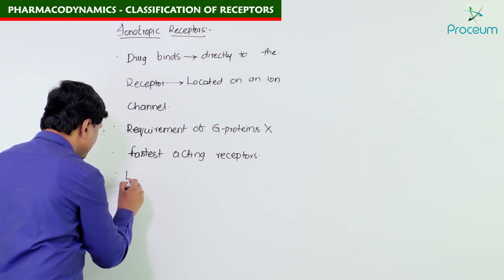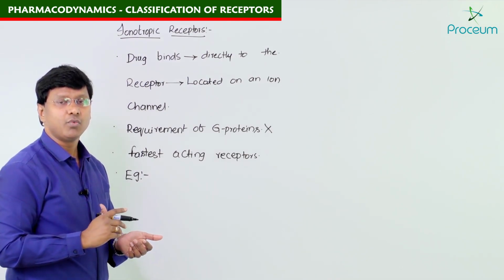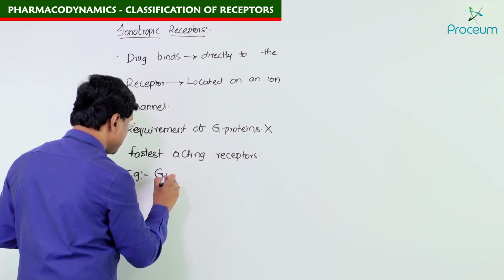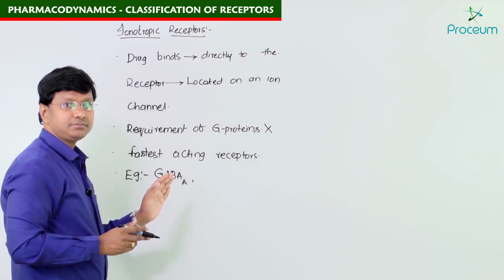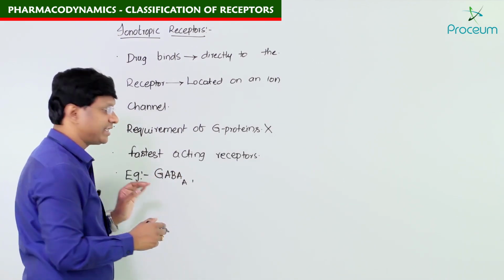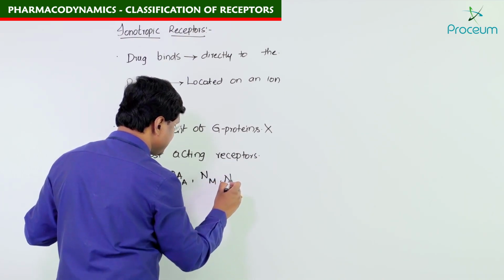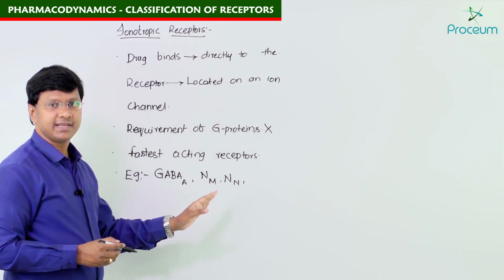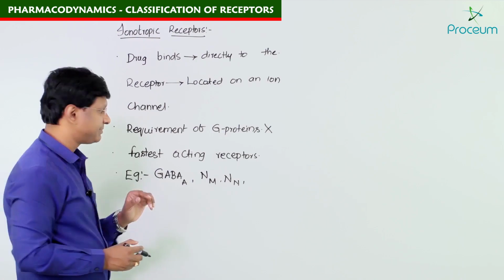Now let me tell you the examples under the ionotropic receptors. Number one, you have gamma amino butyric acid A, that is GABA A, and the other one is the nicotinic receptors, that is NM as well as NN, which are nothing but nicotinic receptors.